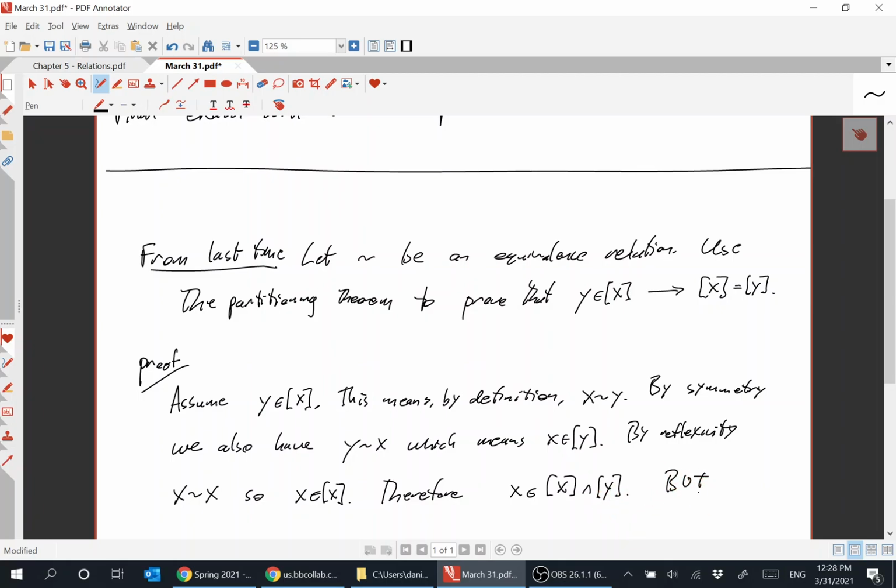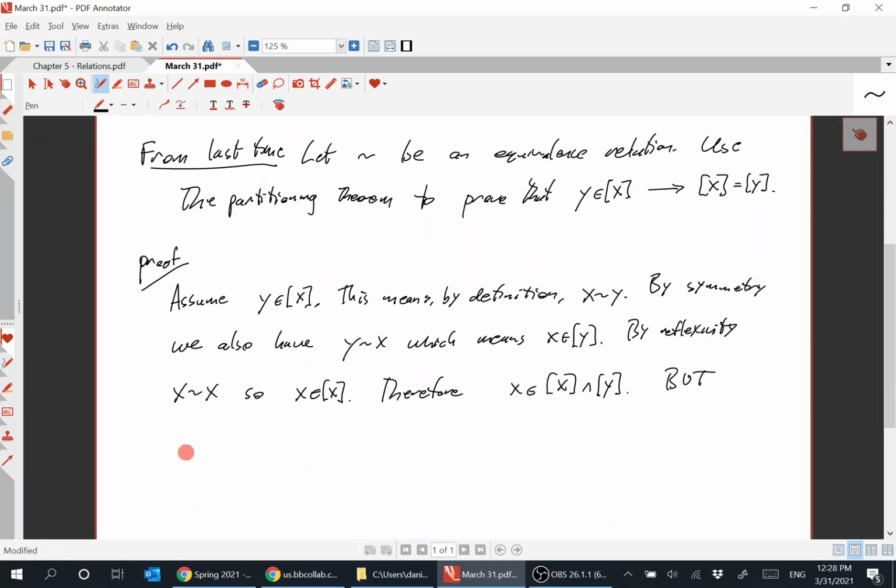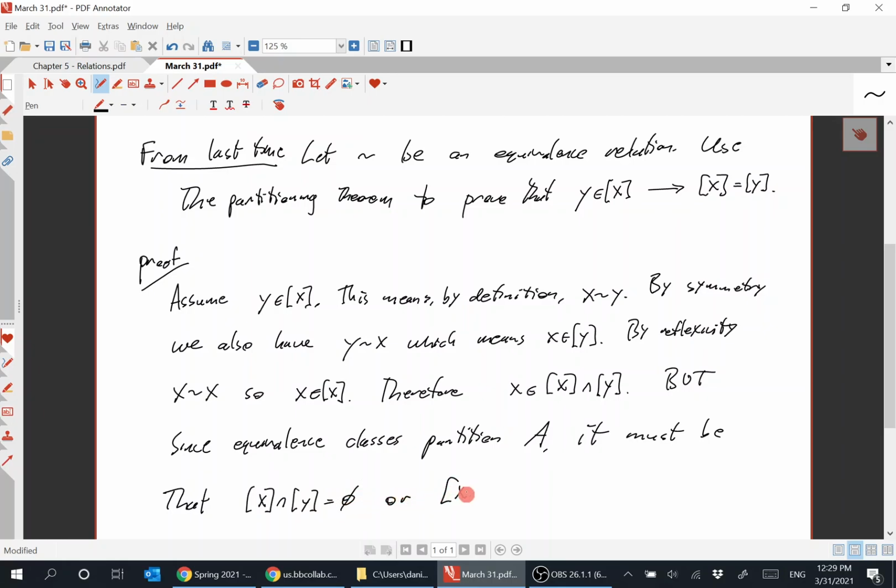But equivalence classes are either, by the theorem on partitions, since equivalence classes partition A, it must be that the equivalence class of x intersect the equivalence class of y is empty, or the equivalence class of x is equal to the equivalence class of y, right?